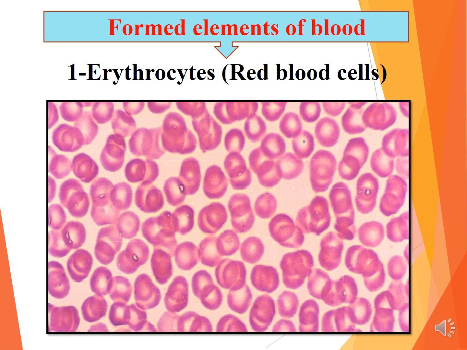أول نوع من خلايا الموجودة بالبلد هي erythrocytes, which is also called red blood cells, كريات الدم الحمر, which are the most numerous cells that are found in the blood. هي أكثر أنواع خلايا عددا موجودة بالبلد.